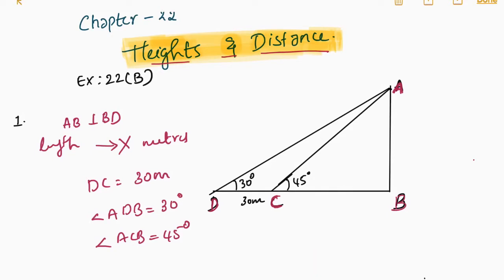We have AB of length x meters, right? And DC is 30 meters. It's already mentioned in the figure. So let us find the length. Here we have AB is x, correct?